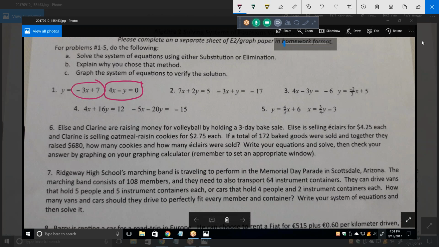So tell me what to write. Okay. 4x, what? Minus or plus. Let's write it all. We'll simplify afterwards. Okay. I don't want you doing two steps at once.